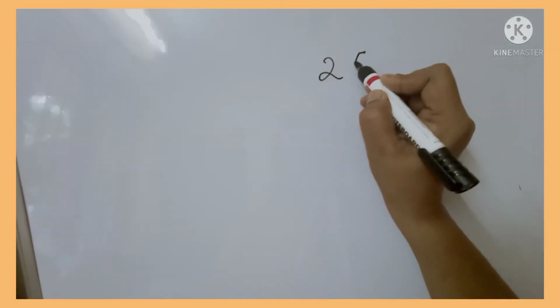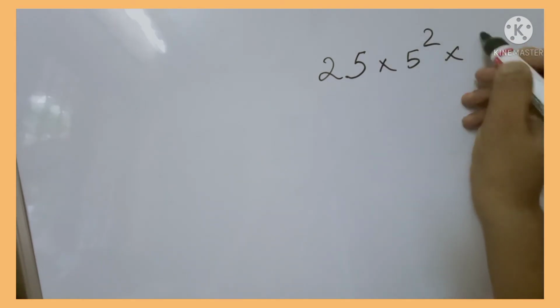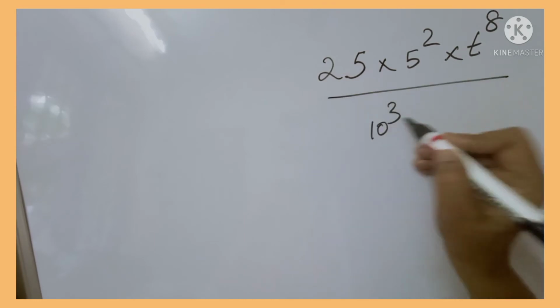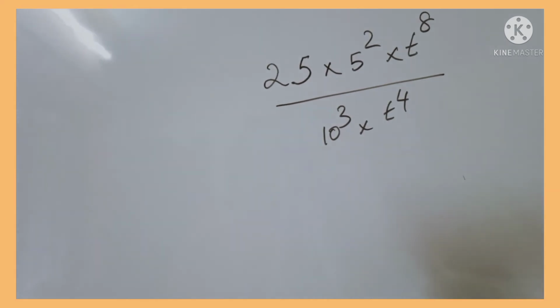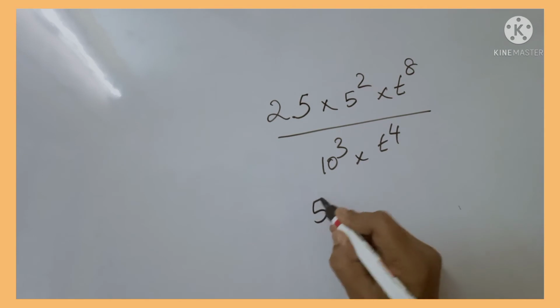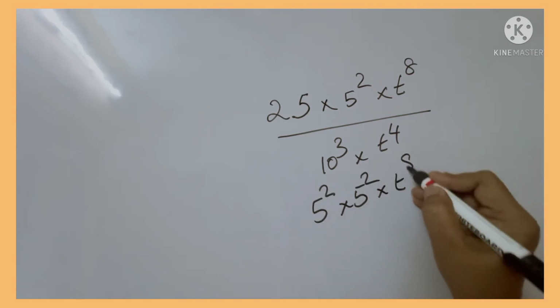The next one, 25 into 5 square into t raised to 8 by 10 raised to 3 into t raised to 4. So 25 into 5 square into t raised to 8. 25 is 5 square, into 5 square into t raised to 8.